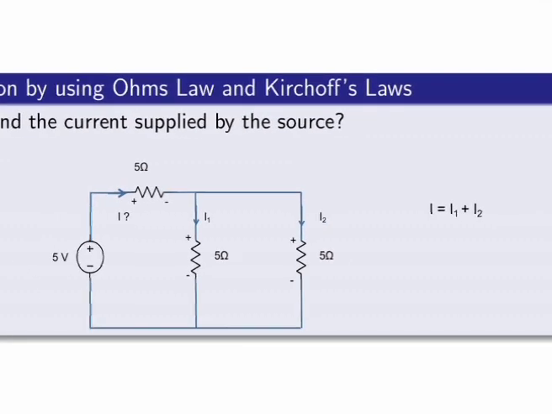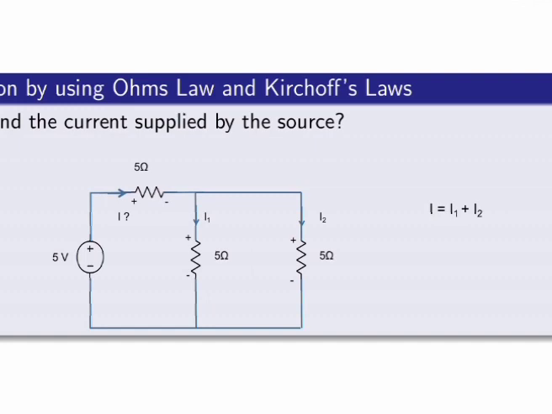Here also, for this 5 ohm, the current is traveling from this node to here, so we mark this side plus, here minus. Where the current enters, that side we mark plus. Where the current leaves, we mark negative for the voltage. Similarly, we mark the polarity of the voltage across the other 5 ohm resistance.